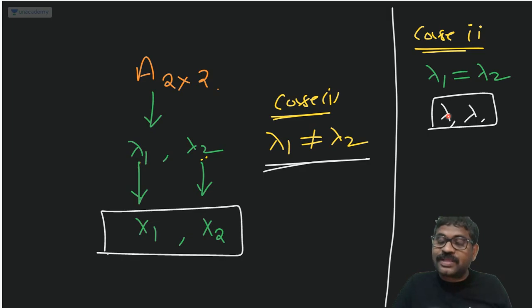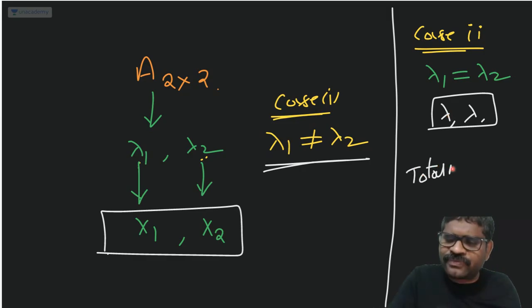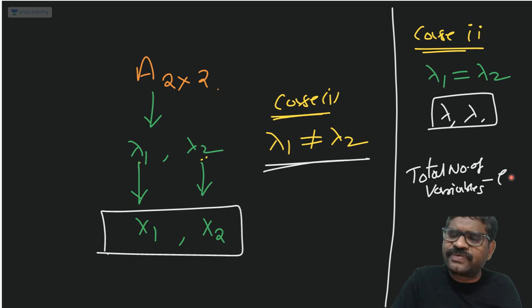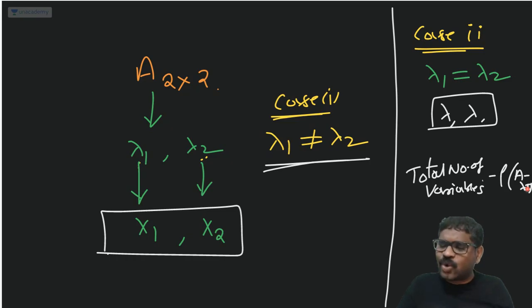Now, in this case, I set one trick. What is the trick? Total number of variables minus rank of A minus lambda I. Don't just write rank.